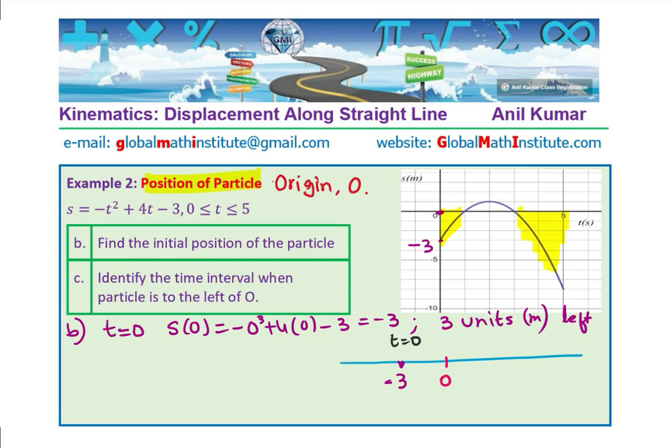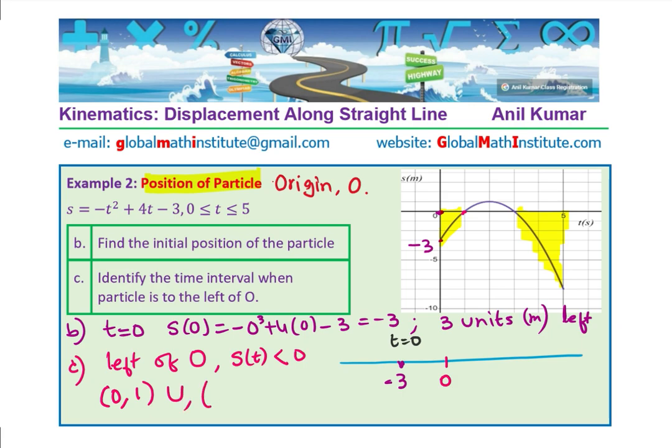Do you see that? So to answer part C, we say identify the interval when the particle is to the left of 0. I should say O, left of O, the origin, okay? So it is on the left of origin when the displacement is less than 0, means negative. So it is from t equals to 0 to 1, right?